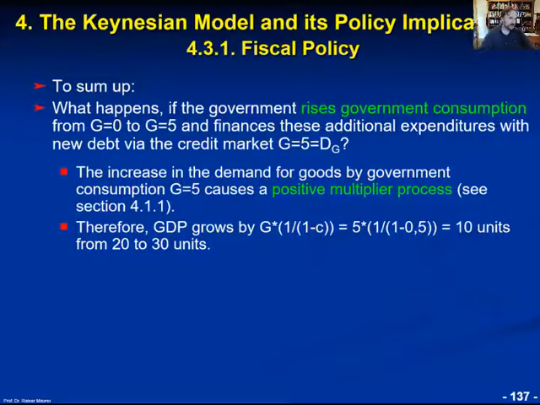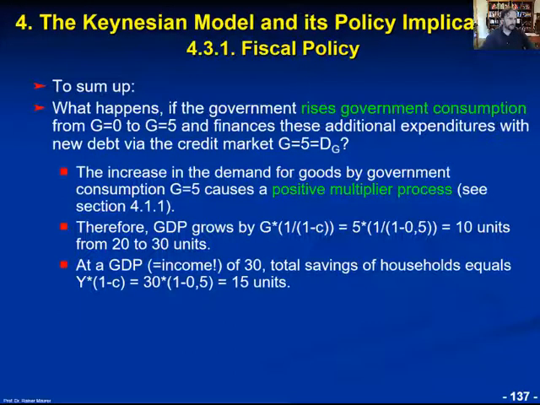Therefore, GDP grows finally by 10 units from 20 to 30 units. At a GDP level of 30, total savings of households equal 30 times the savings ratio of 50%, which equals 15 units.